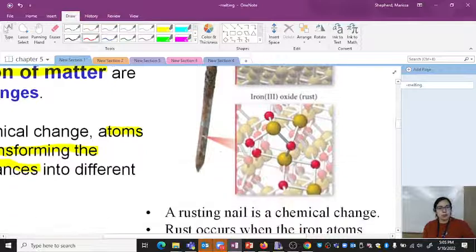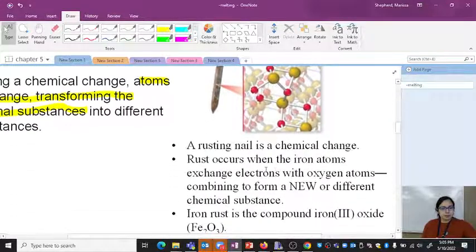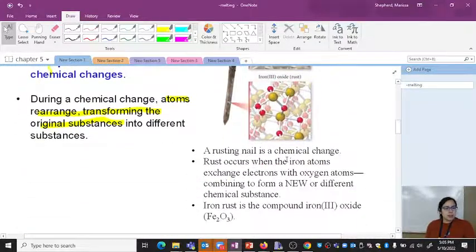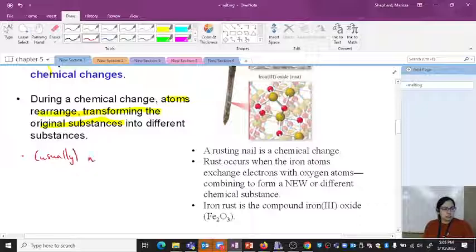They rearrange to form iron(III) oxide, which is rust. Usually these chemical changes are not reversible, or at least not readily.